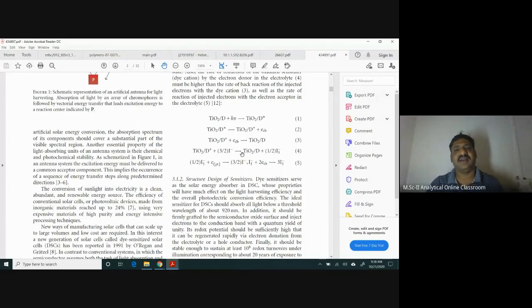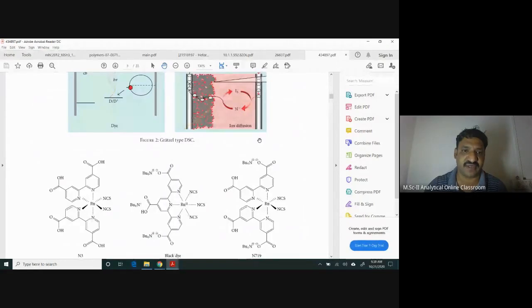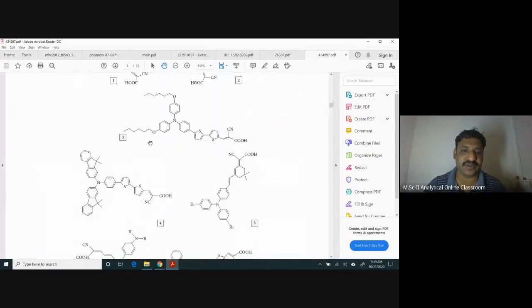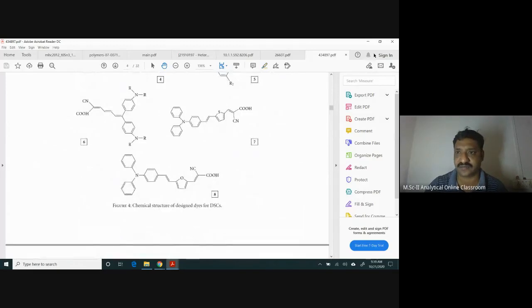So just write down this also, because if you write down these things in case of application, it will be effective for your examination. Okay, here is the structure. Here is the ruthenium metal, and different substituents are there. So according to that, you have to prepare your own notes.